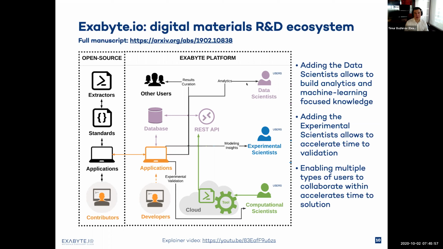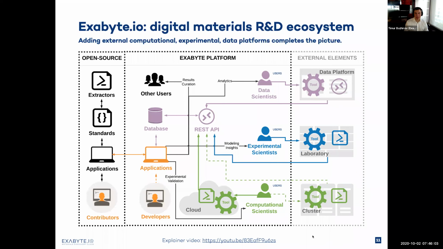And by having these three types of users on the platform, we are able to achieve that. And last but not least, most of the scientists today have external elements that they use external to a platform, such as computational clusters for the computational scientists, laboratory equipment or data platform. And by using open source components, we can incorporate these external elements into our platform as well.